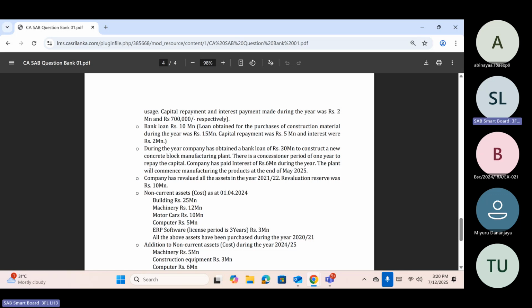How much can we claim as capital allowance? Tell me how much we can claim.